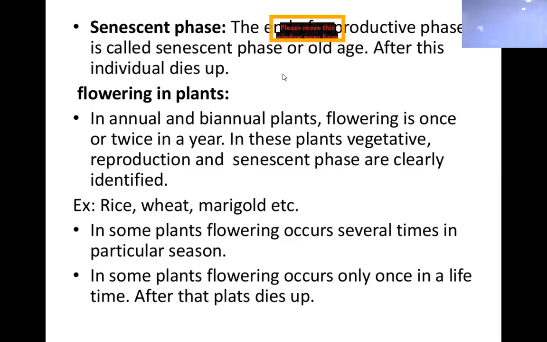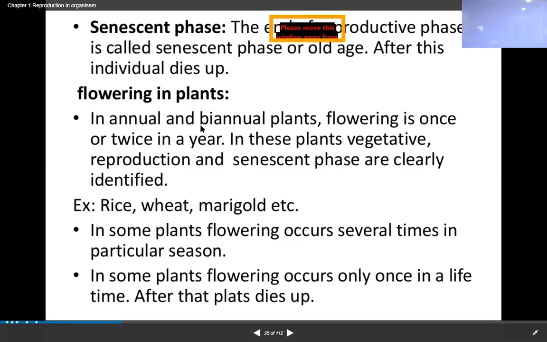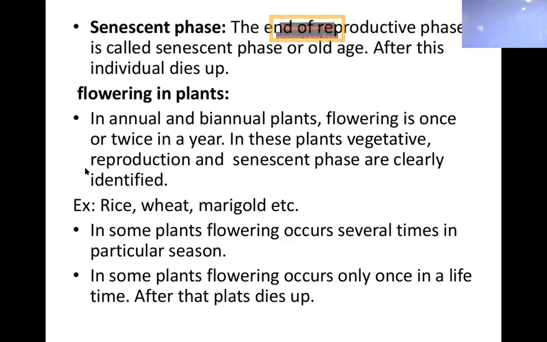Then flowering in plants, annual, biannual plants. Flowering is once or twice in a year. In these plants, vegetative reproduction. What do you mean by vegetative reproduction, Sejal? What is it?